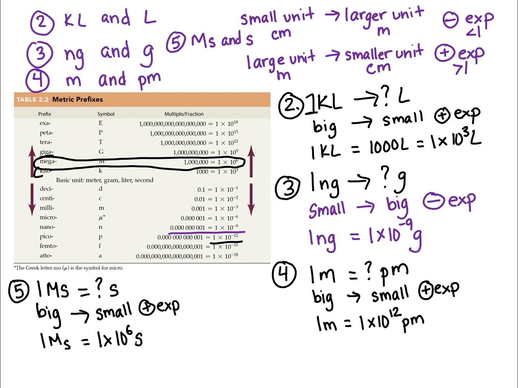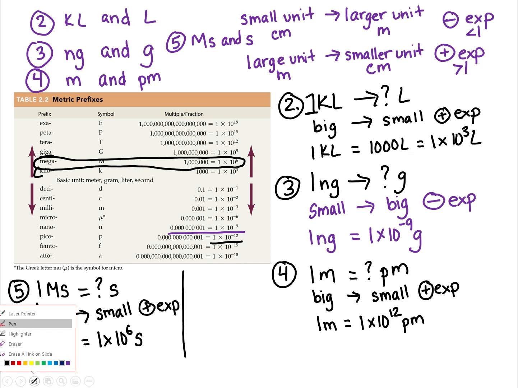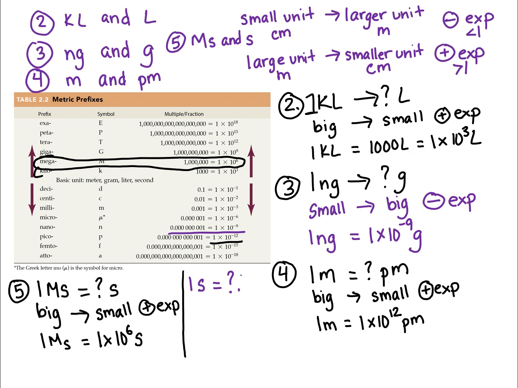Now, if I asked it the other way, if I had 1 second, how many megaseconds do I have? Then we'd be going in the opposite direction. A second is smaller than a megasecond.